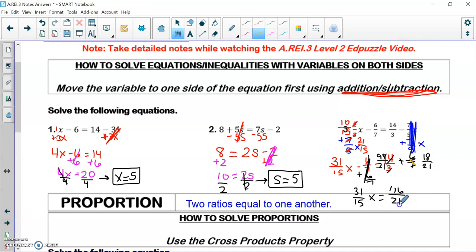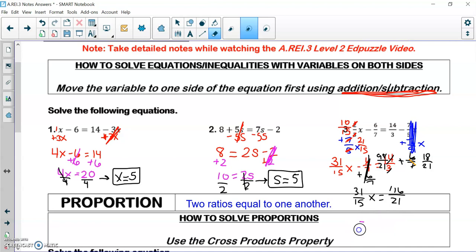All right, now that 31/15 is being multiplied by x. So typically what we would do is divide by 31/15. However, that's not what we're going to do here, because we should never divide a fraction by something.